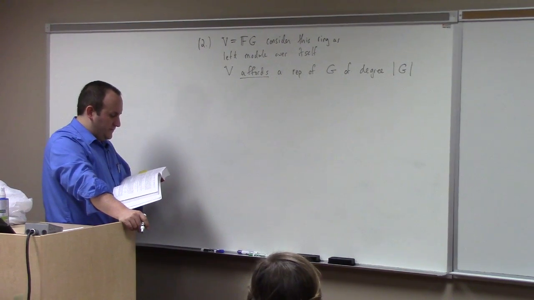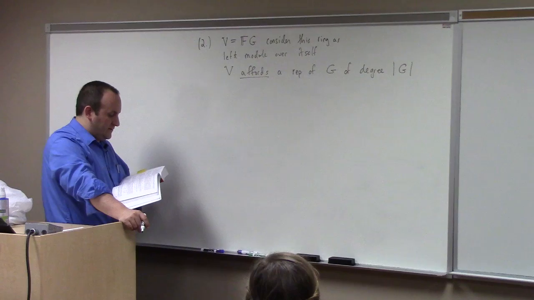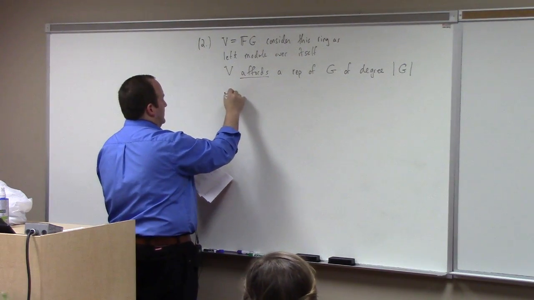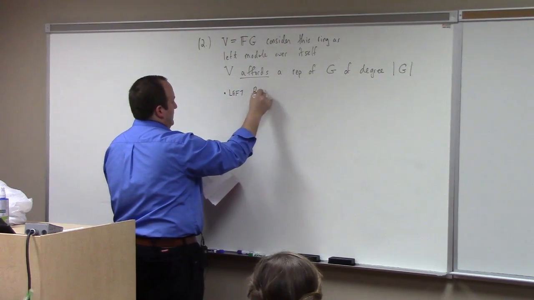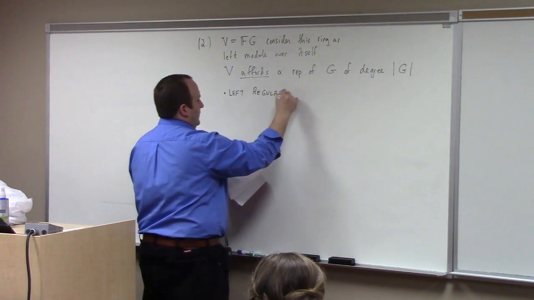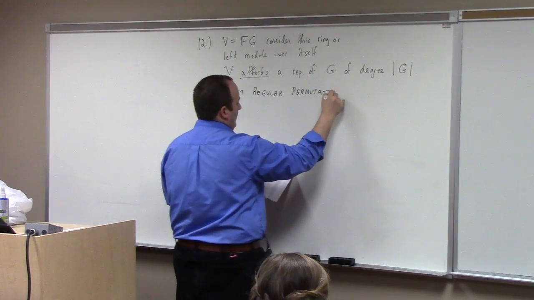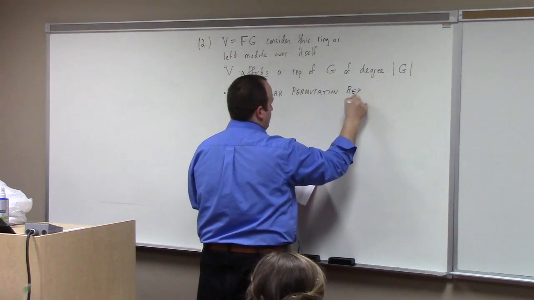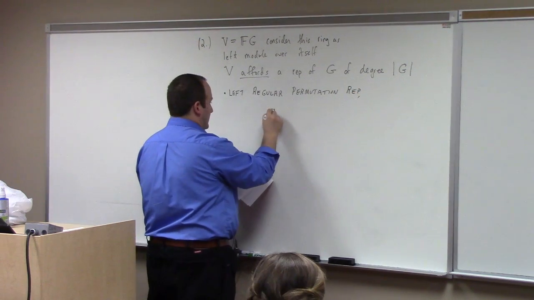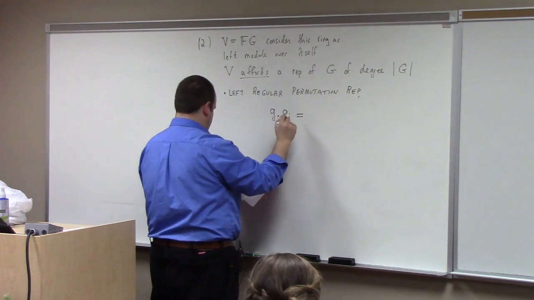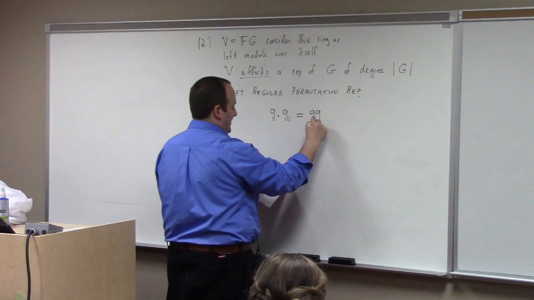So we'll take the elements of G as a basis for V. Each g in G permutes these basis elements under the left regular permutation representation: g dot g_i is equal to g g_i.